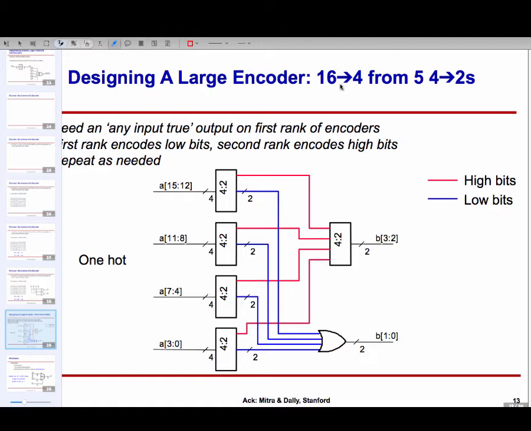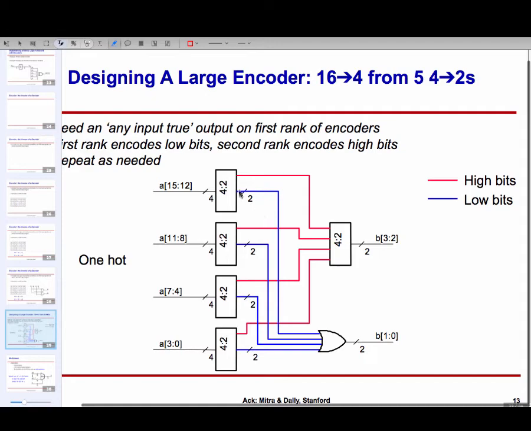The natural thing is to take my 16 inputs in groups of 4 bits and feed them into different encoders. The lower 4 bits go here, bits 4 through 7 here, 8 through 11 here, and 12 through 15 here.